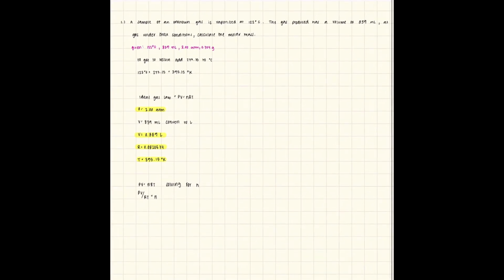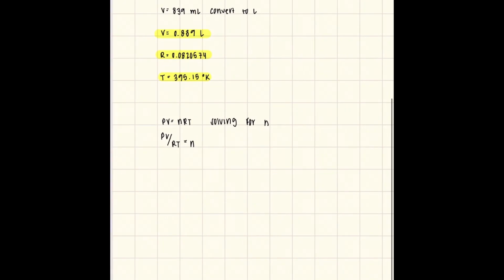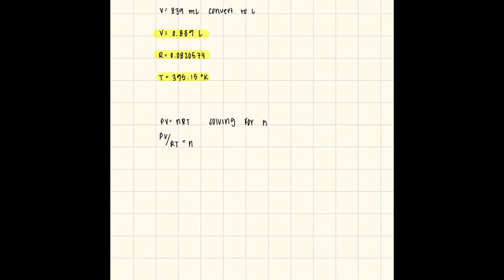Once we have that, we are going to plug in all the variables that we were highlighting before. Our P value that we have found is going to be 2.00 atm. Now we are just going to write that down. Once again, writing it down helps you remember it, so I honestly recommend writing down everything you do. So we're going to do 2.00 atm, and then our V value is going to be 0.839 liters.